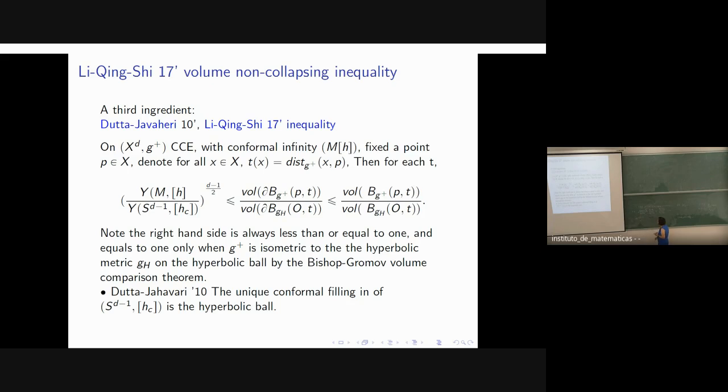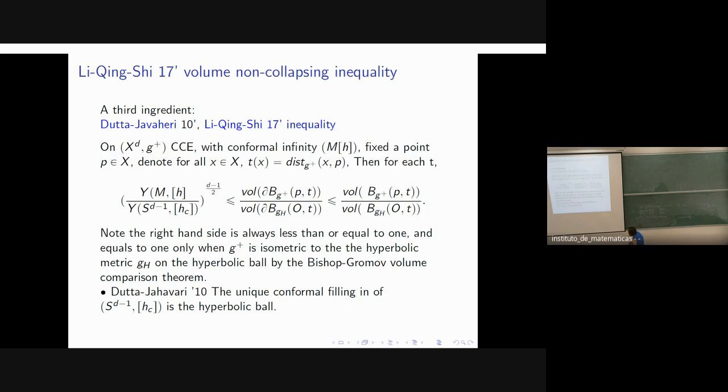What they say is, this shows if the Yamabe constant is the same as that of S3, then G plus is isometric to the hyperbolic metric on the ball. Because then this is 1, and we know this is less than or equal to 1, and equality to 1 only holds in the model case. So this is their proof of this uniqueness.